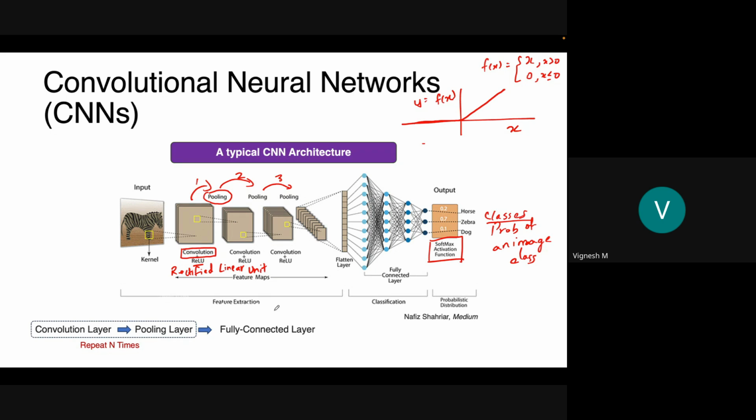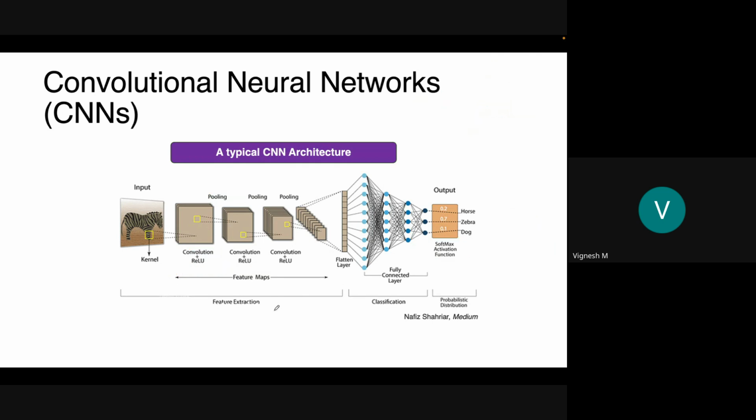Okay, and at least by intuition, what do you think increasing depth gives you? That means if you increase this number of layers, more number of features? Yes, more complex features, or more abstract features, right?